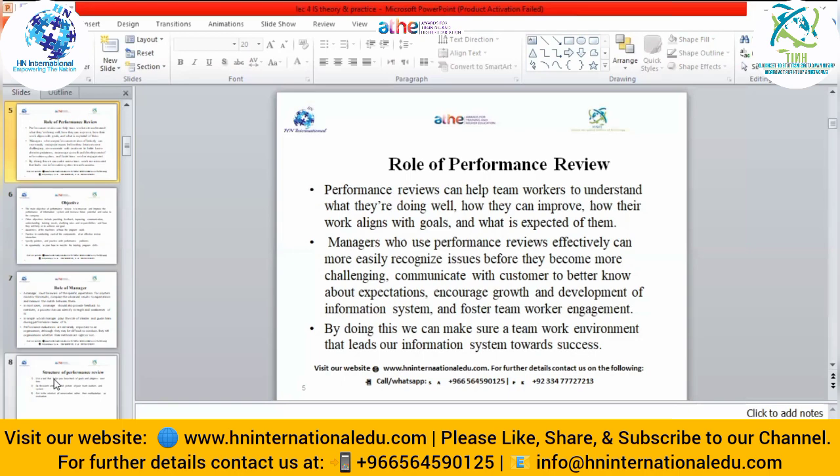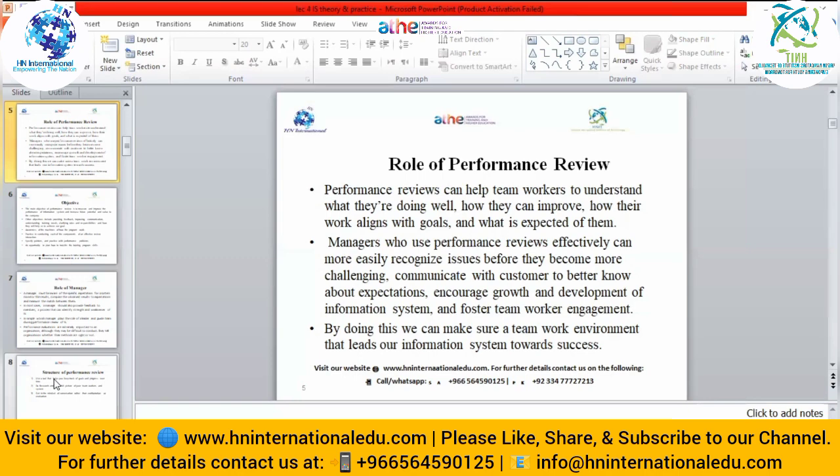After making the improvements, the manager can communicate with the customer and tell them we have made the changes, and now we can serve you in a better way. So before going towards loss or failure, we can make changes according to the feedback of the customer, and we can arrange training sessions or something that can improve the performance of our organization as well as our team.